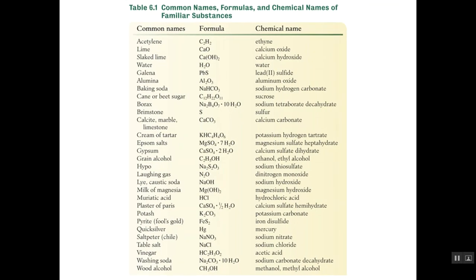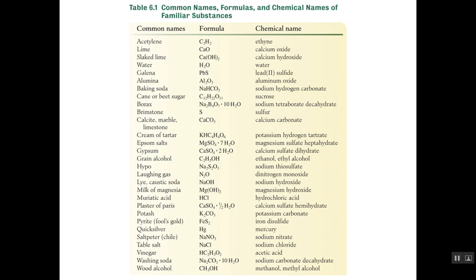So, this is a list of different substances and their formulas and their chemical names along with their common names. To the left, you have the common names. And if you compare the common names to the formula, you'll see that there's very little link or indication as to the composition just based on the name.